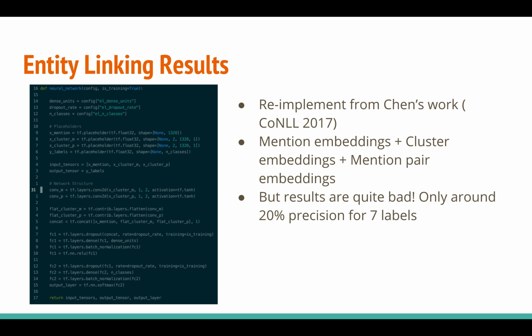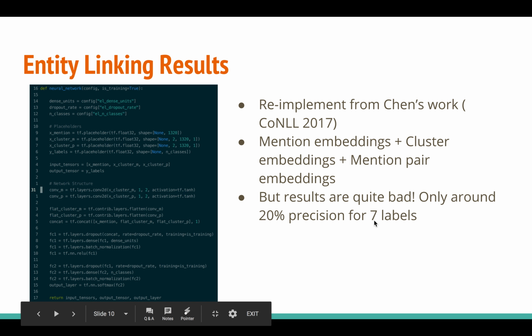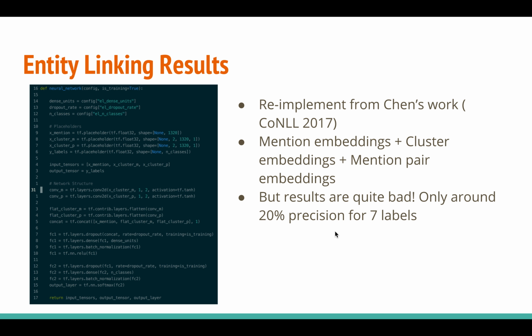And we wanted to find the reason, so we did another experiment. We just use the mention embeddings as our input, go through one feed-forward neural network to a softmax layer to predict the 7 labels. And we find the precision is also very low. So this suggests that the mention embeddings are actually not really related to the entity ID.